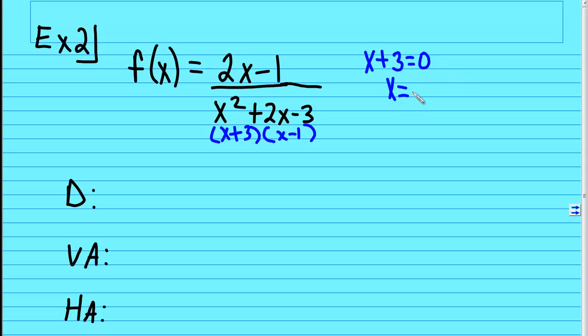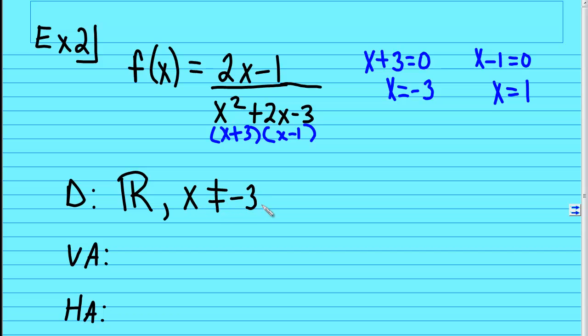So we get x is equal to negative 3 and x is equal to 1. So the domain is all real numbers except negative 3 and 1. The vertical asymptotes are x is equal to negative 3 and x is equal to 1.